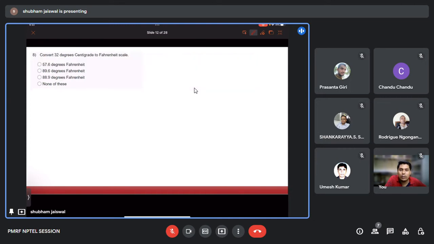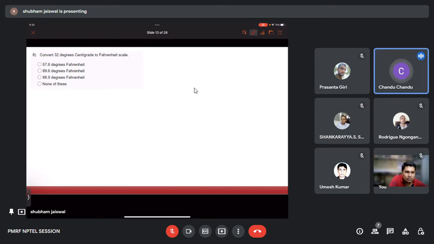Moving to our next question. Convert 32 degrees centigrade to the Fahrenheit scale. Please solve this one and tell me the answer. It's very simple. I have already given you the formula in the previous slides, in the beginning itself. 89.6 degrees Fahrenheit.